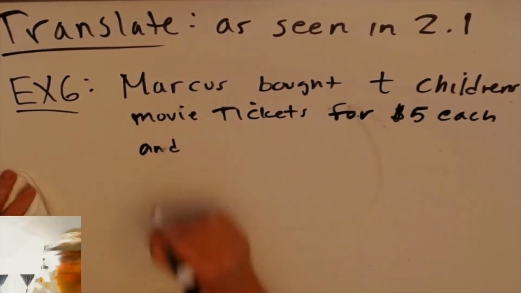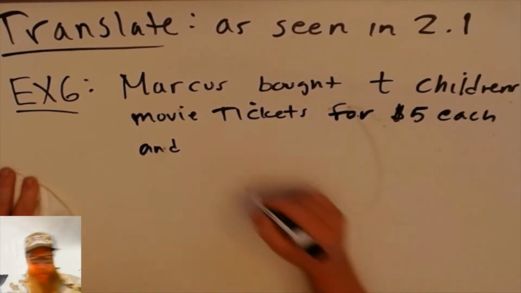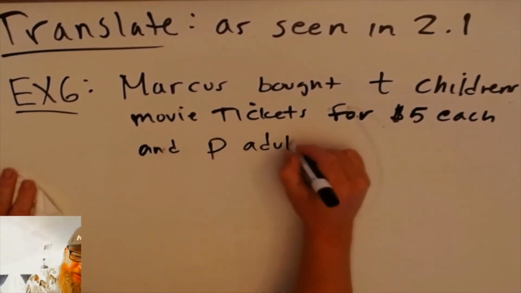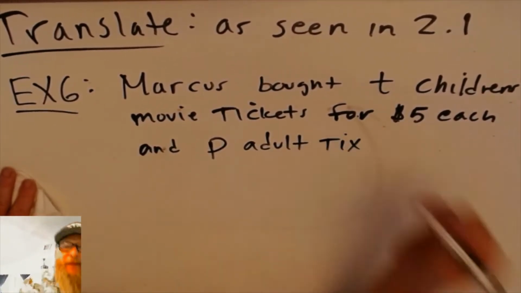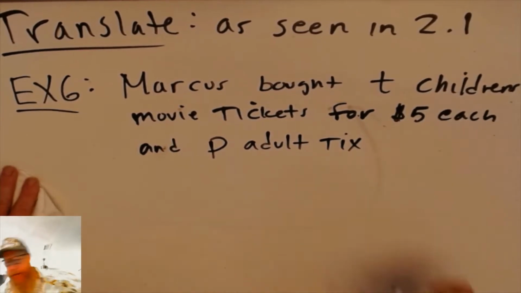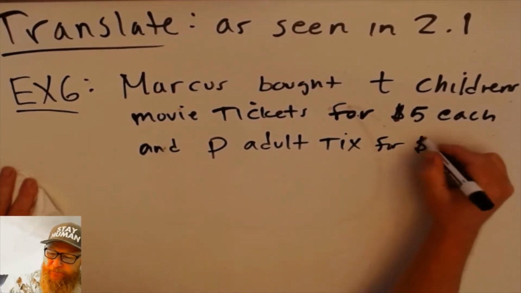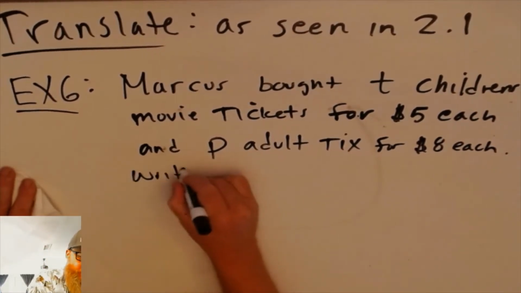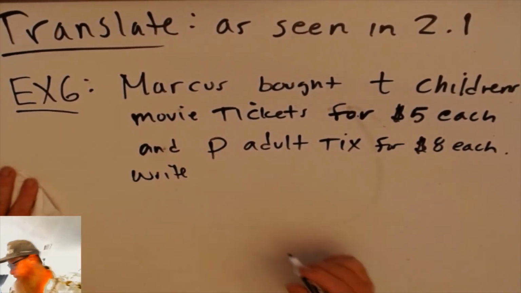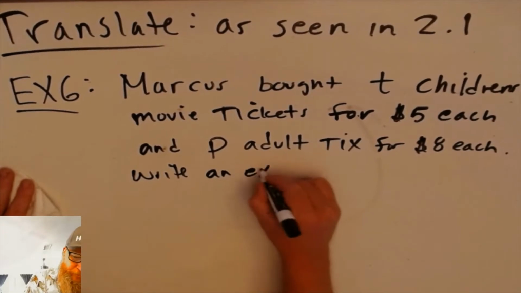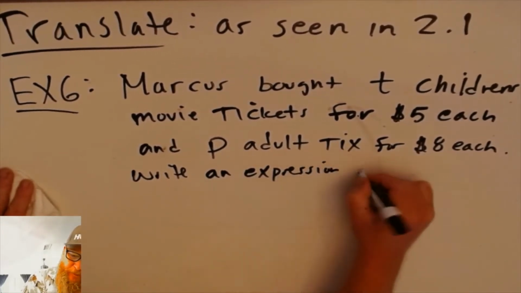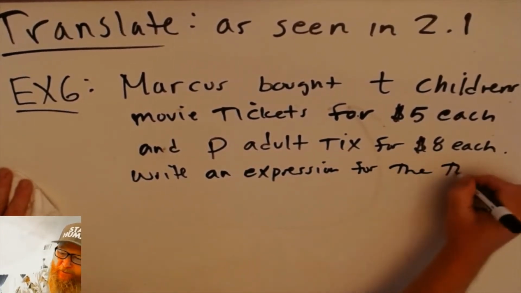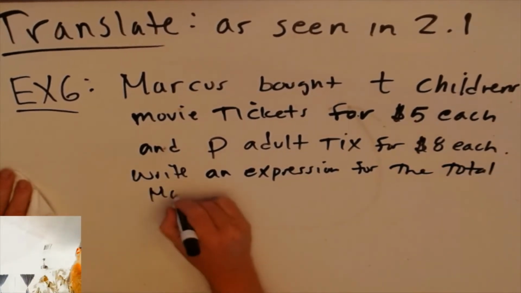And P adult tickets, I'm just going to abbreviate TICKS, for $8 each. Now write an expression for the total Marcus spent.